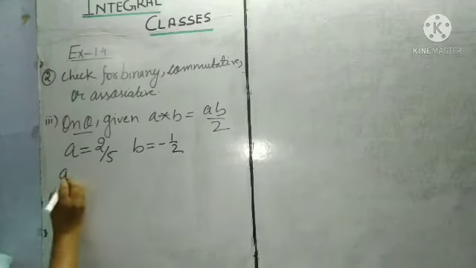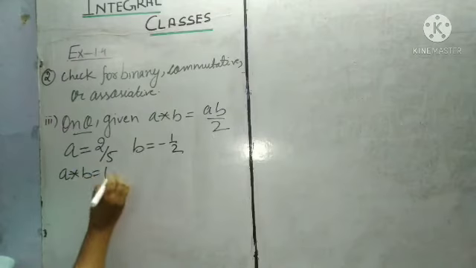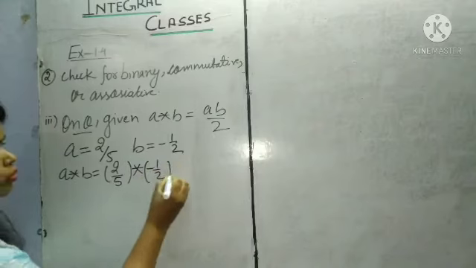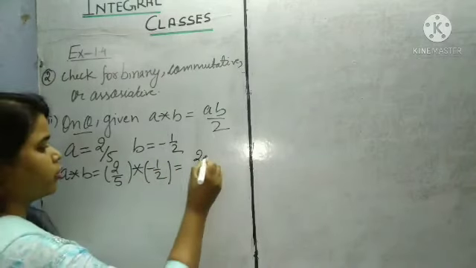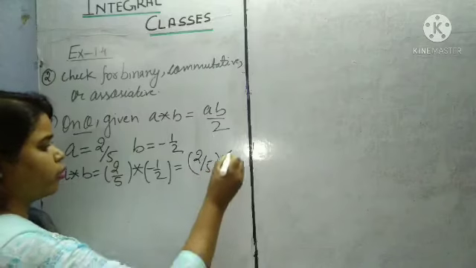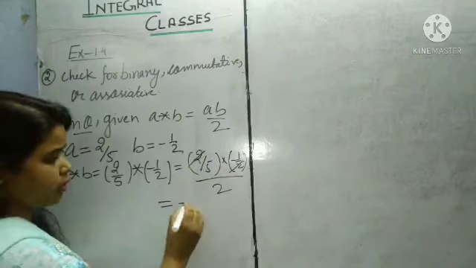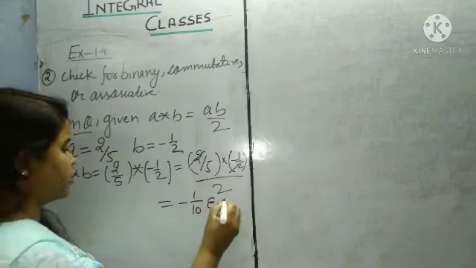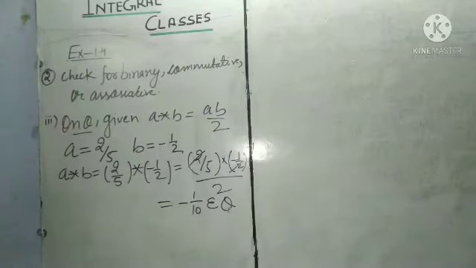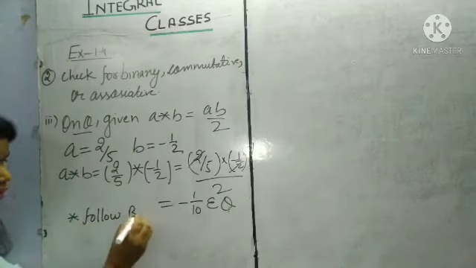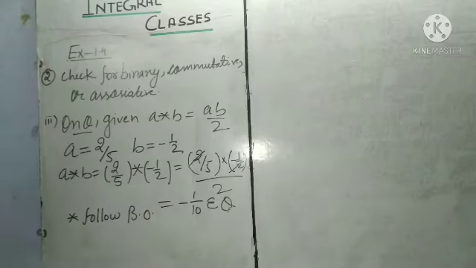Now A star B, 2 by 5 star minus 1 by 2, becomes 2 by 5 into minus 1 by 2 upon 2. 2 is cancelled, so it becomes minus 1 upon 10, and it belongs to the rational numbers. So star follows the binary operation. Now for commutativity.